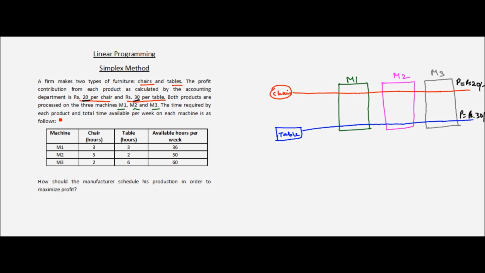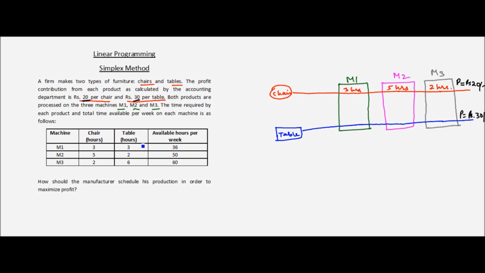So the time required by each product and the total time available per week on each machine has been given to us. To process a chair, we require 3 hours of processing on machine M1, 5 hours of processing on machine M2, and 2 hours of processing on machine M3.